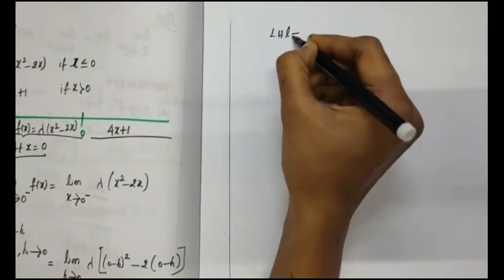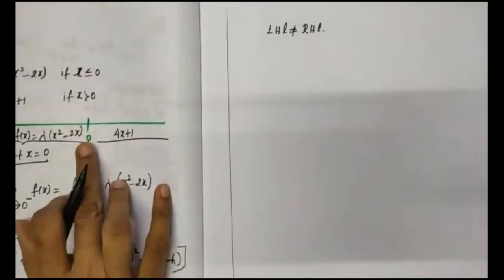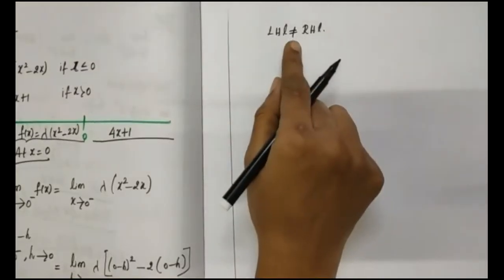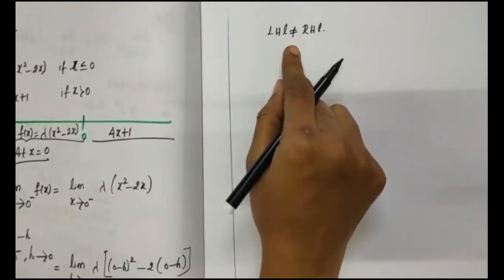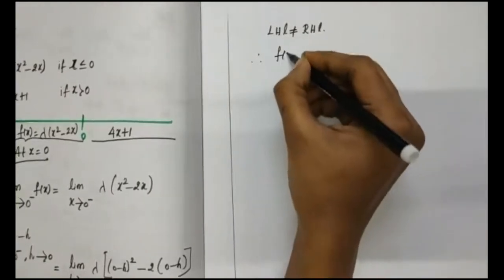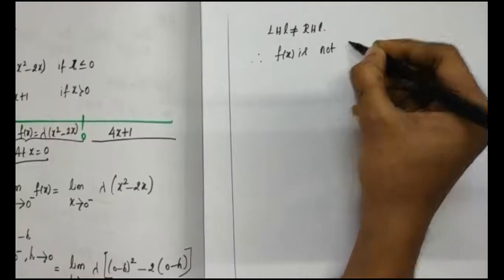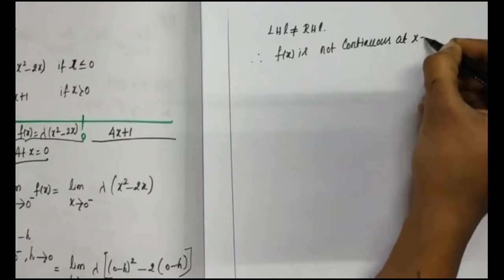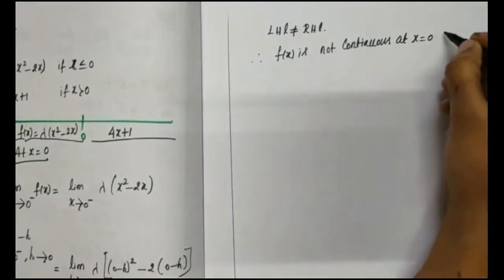So at the point x is equal to 0, f of x is not continuous for any value of lambda. Because if they had come out equal, we could equate both and find lambda. Since they are not equal, f of x is not continuous at x is equal to 0 for any value of lambda.